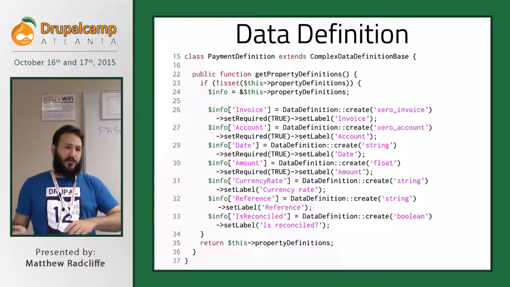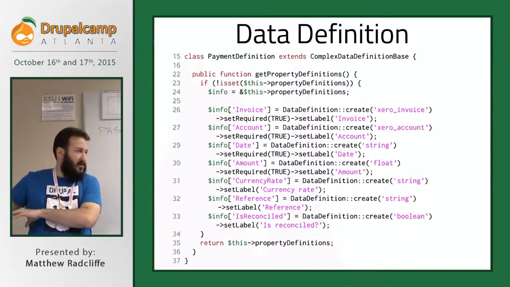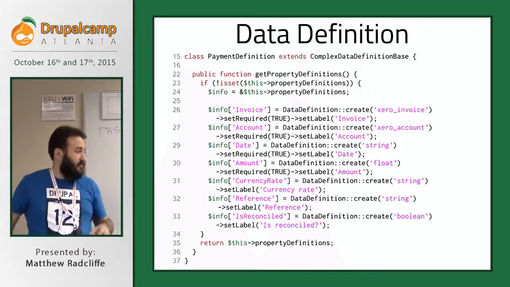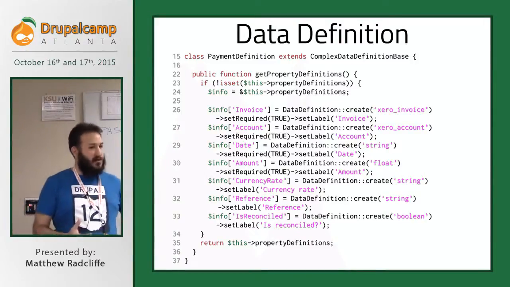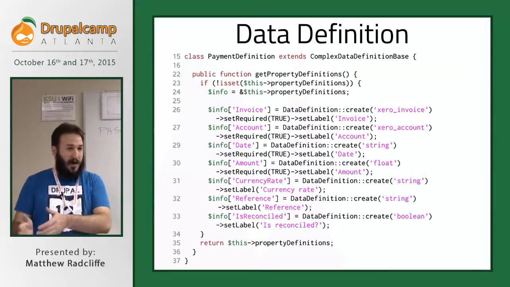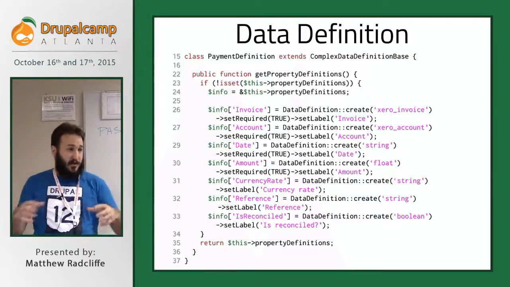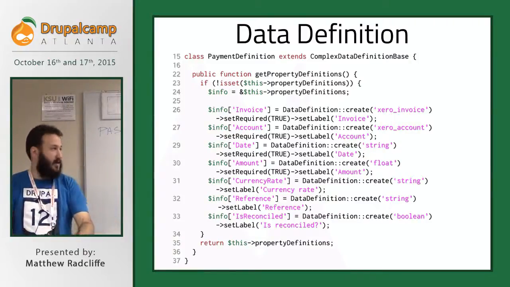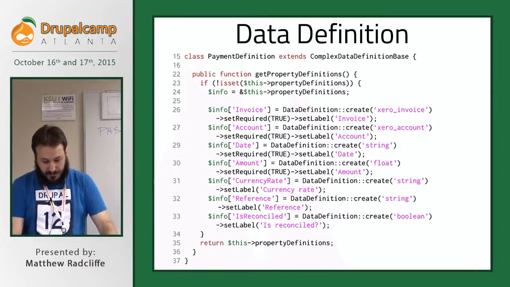You can go for the simpler choice constraint from Symfony 2 or the Drupal allowed values constraint, which is field only. So you can add constraints to your definitions, and if anybody tries to create this data type, that constraint is going to be enforced, and it's going to throw validation exceptions.